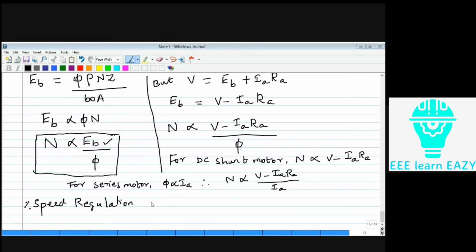So percentage speed regulation is equal to N, where N is speed, N at no load, NL meaning no load, minus speed at full load, divided by N full load, into 100. So this is speed regulation, and multiplying with 100 gives you the percentage speed regulation.